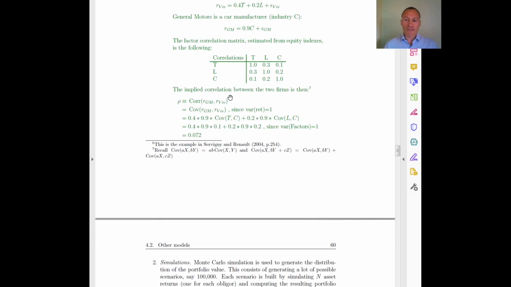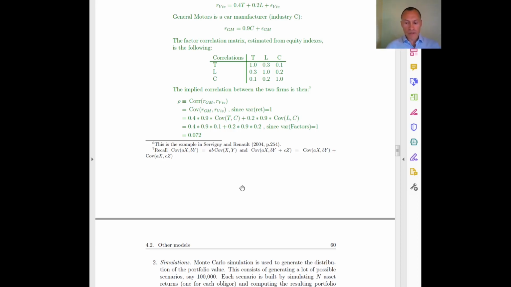Having these returns for the firms, we compare these returns with the thresholds and find out what is the value of each firm in this first draw. We add up all the values and get the value for the portfolio, and then repeat. Draw again returns for the factors, compute the corresponding values of the firms, add up to get the value of the portfolio, and that was the value for scenario number 2, then repeat, and so on.